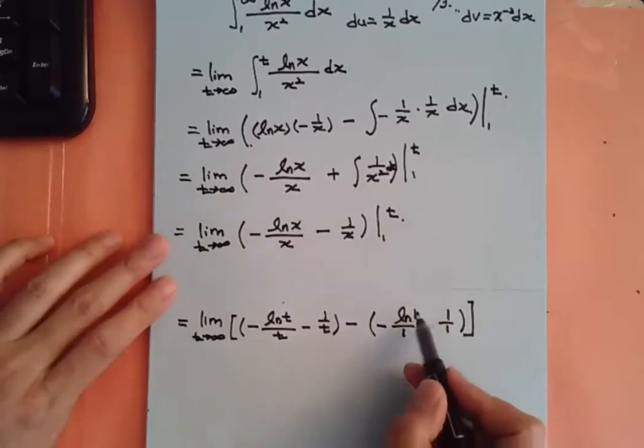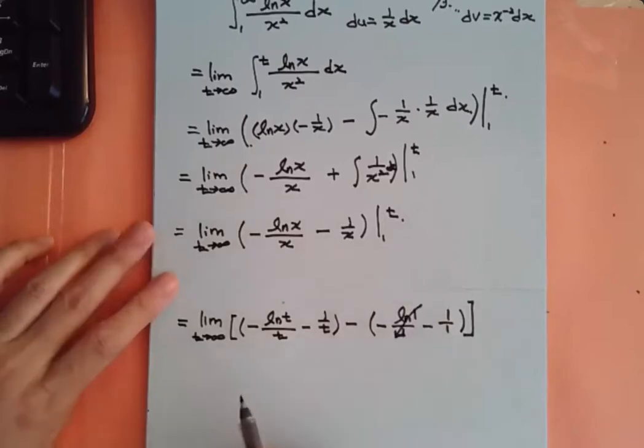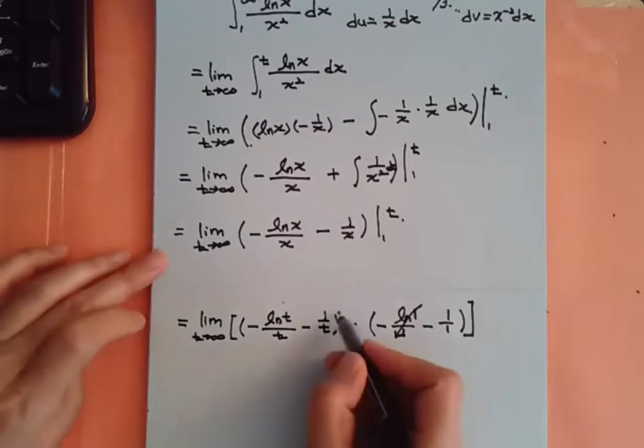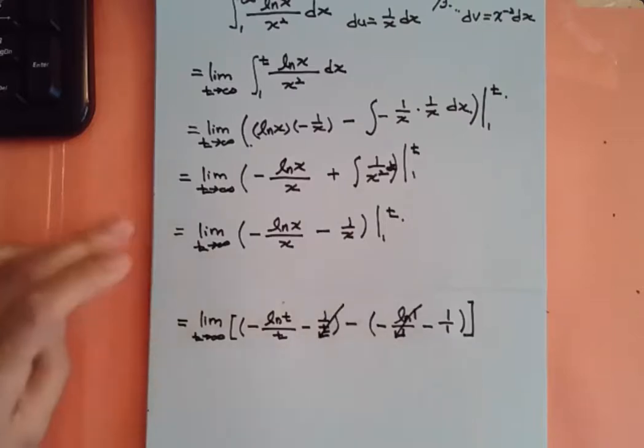Natural log of 1 is 0. And when t goes to infinity, 1 over t goes to 0.